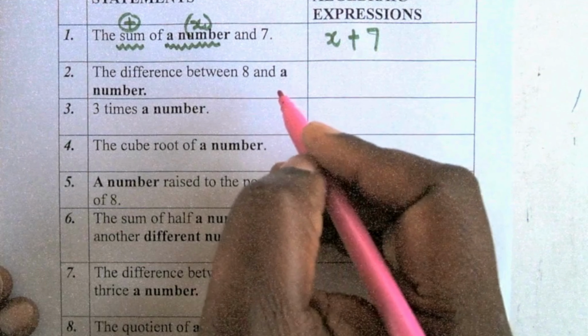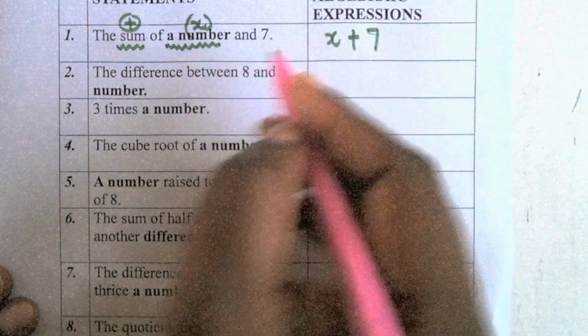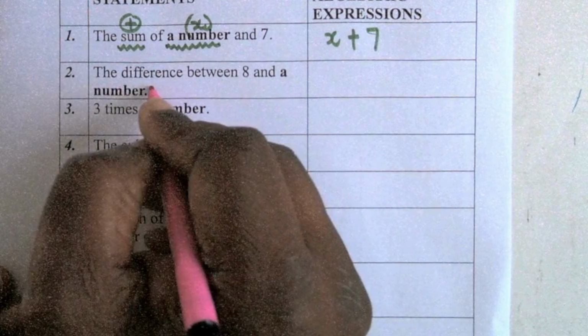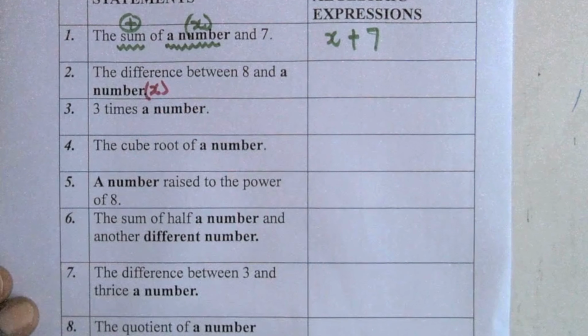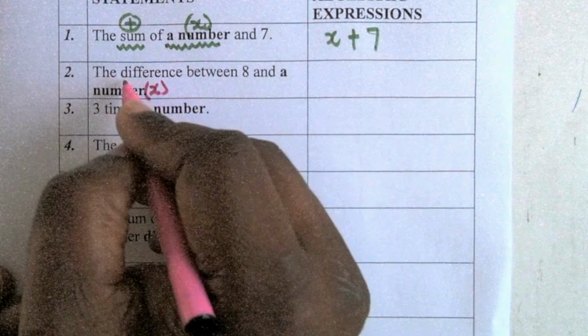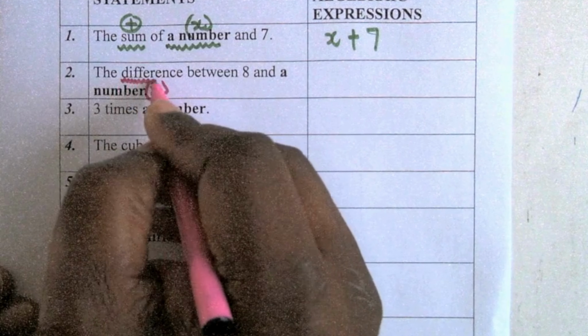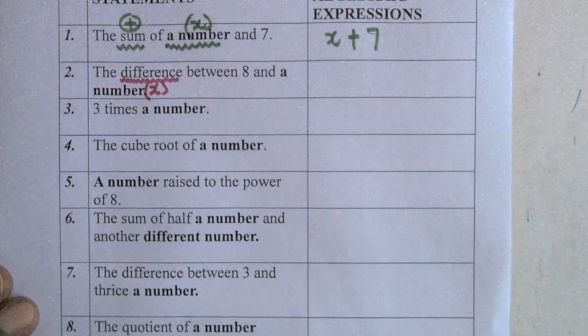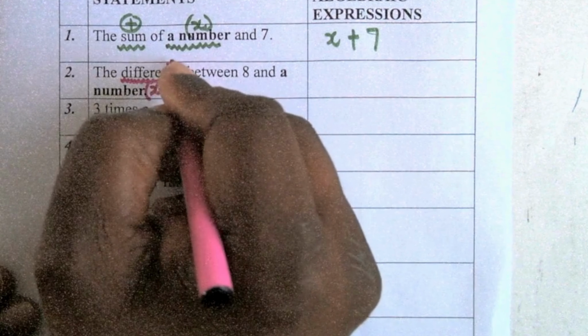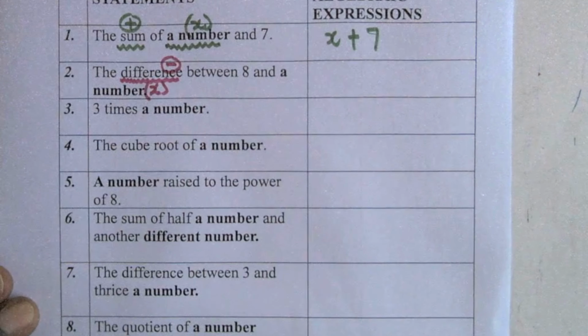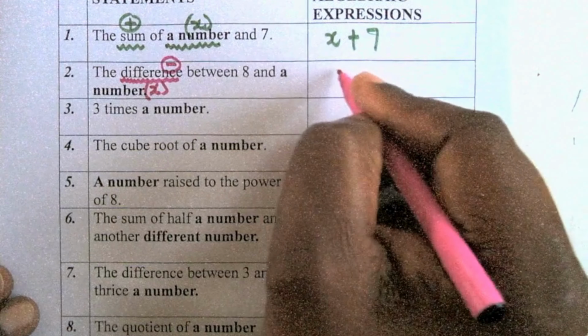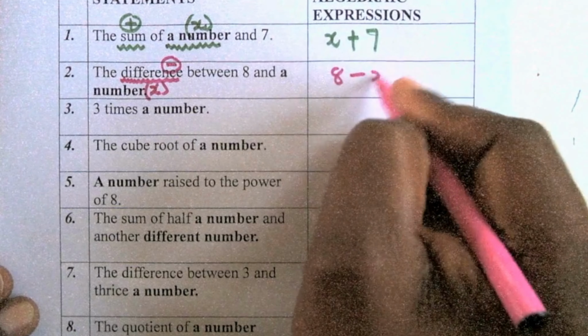I'm going to make my number X. And I see the word difference here implies that I'm going to use a minus sign. And my final answer is going to be 8 minus X.